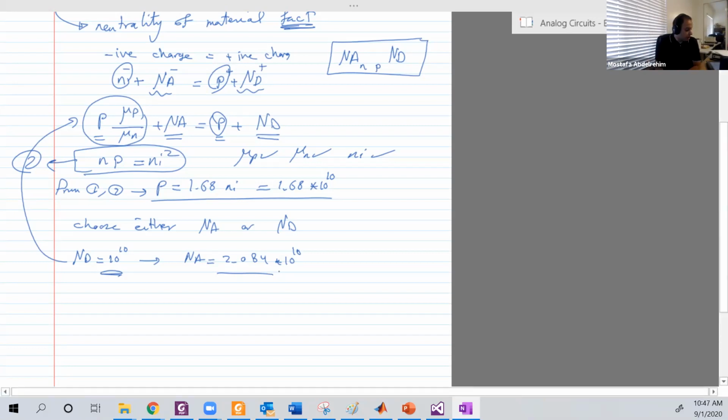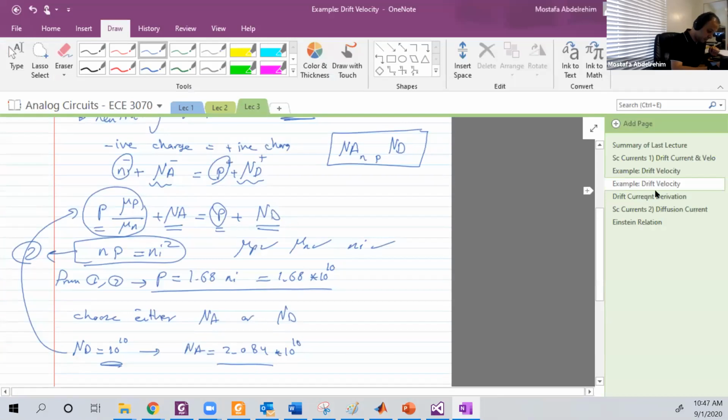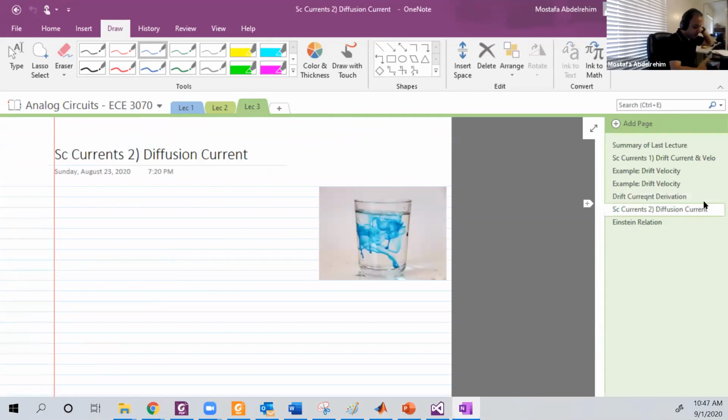Okay. So this concludes the first type of currents, which is the drift current. Let's go now to the second type of currents, which is the diffusion current.